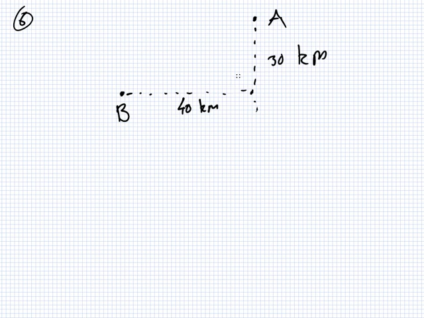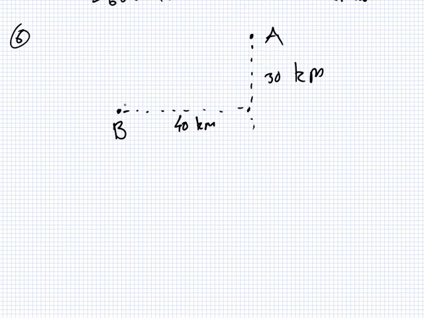Ship B is heading northeast. How far has ship B travelled when A and B are nearest to each other? Okay, so what's happening here is B is heading at 45 degrees.